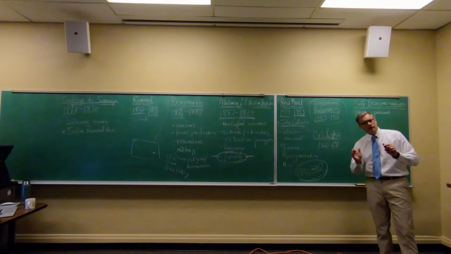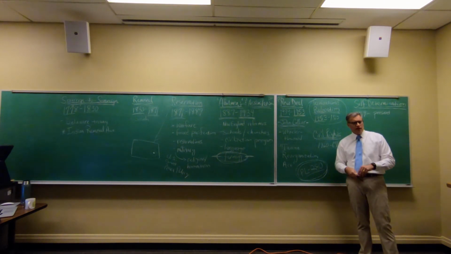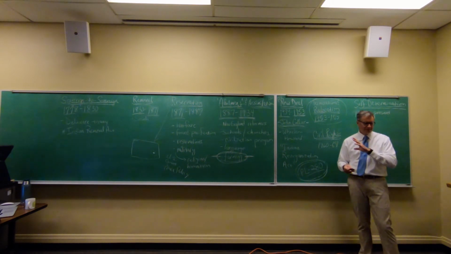Anyway, it had other ramifications. By moving Native peoples into the cities and to a degree integrating them into American society, a lot of these people became pretty vocal. A lot of these people got involved in the civil rights movement, right?